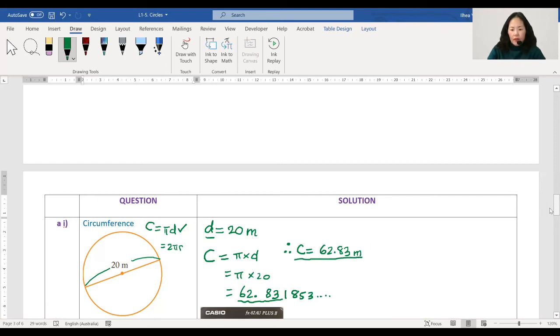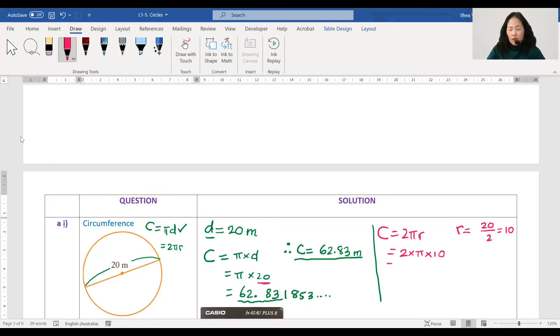Now, if I use 2 pi r, it'll be exactly the same. I'm going to just show you. We need to know what r is though. Radius is half of diameter, so I need to halve my diameter. Half of 20 is 10, so I need to use 2 times pi times 10. Can you see that 2 times 10 is 20? It's exactly the same here. So it doesn't really matter which way you do it.